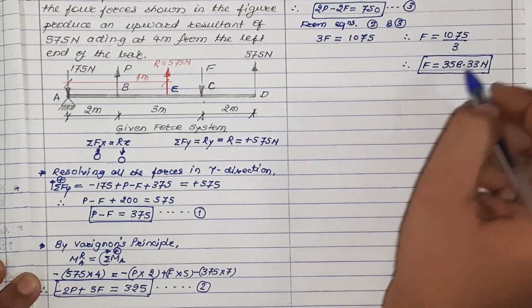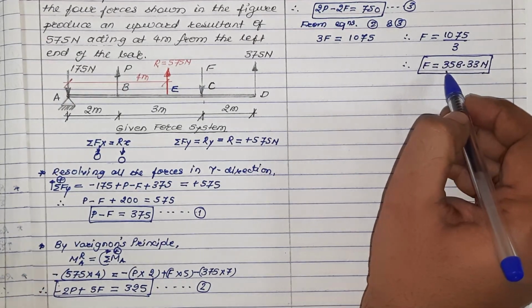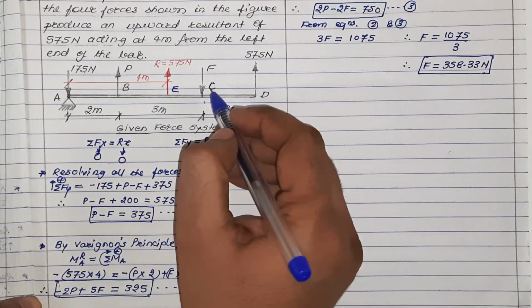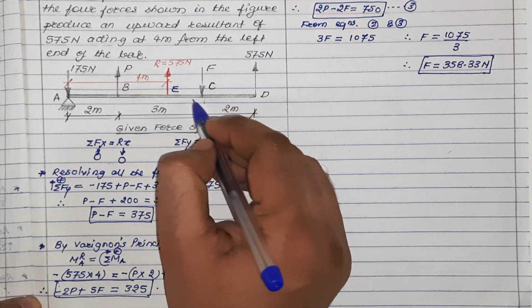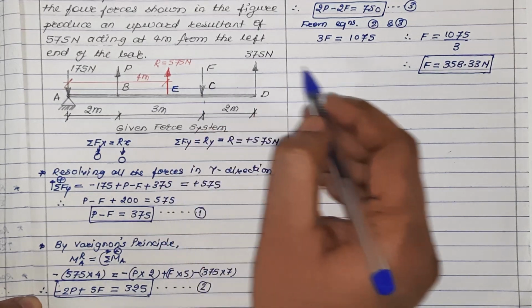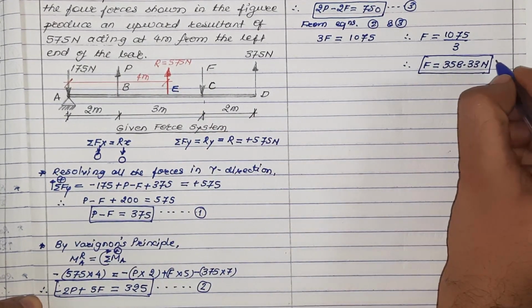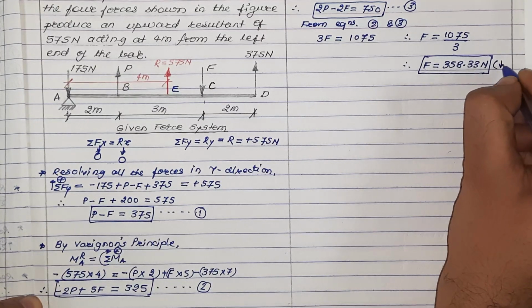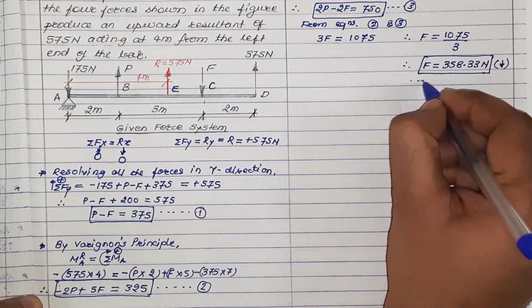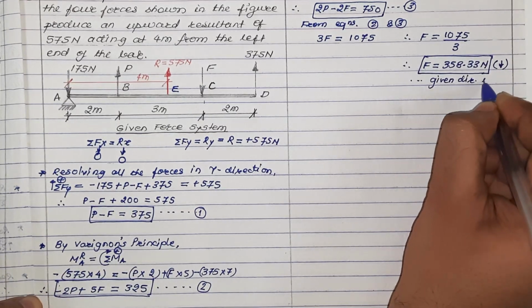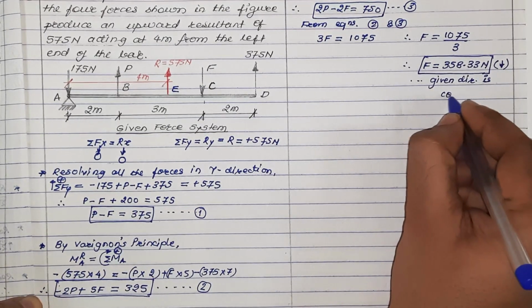Here, the sign of this magnitude is positive. That means whatever direction of F is given, which is downward, accordingly we have got this magnitude and direction. Therefore, we will say the force is acting downward and the given direction is correct.